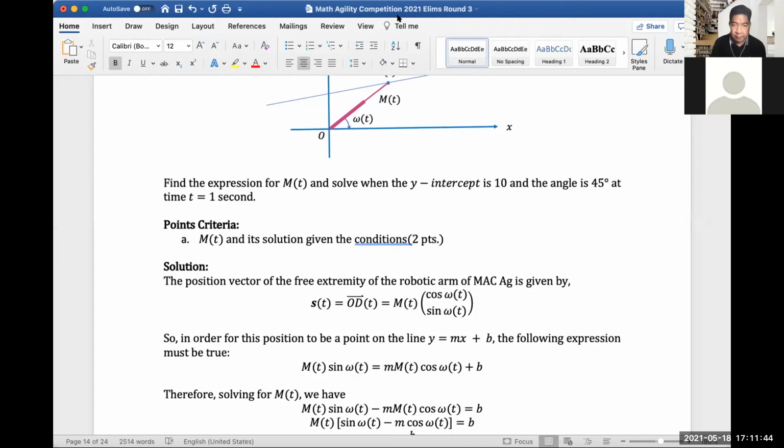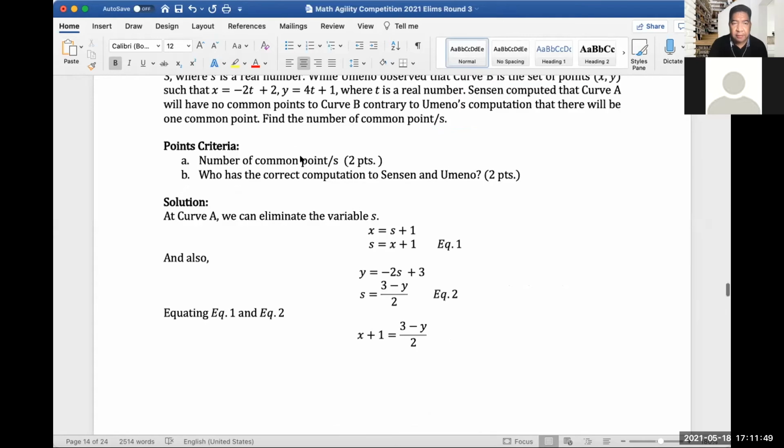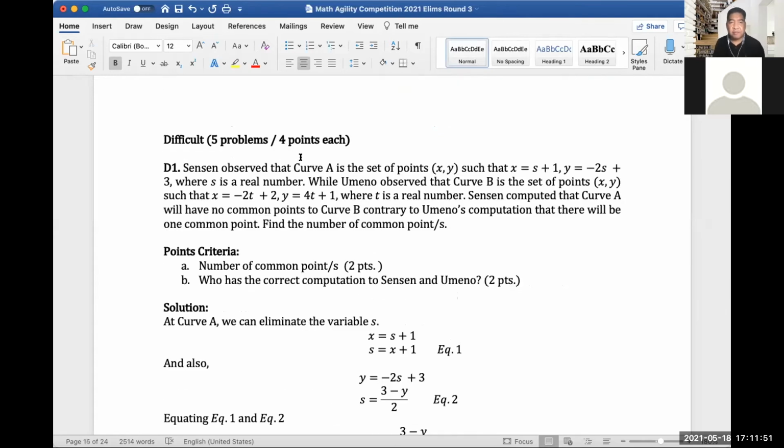Okay, so let's go to question D1, right? So again, there are 5 problems for the difficult question, but this time you will get 4 points each if you solve the problem. So the first question for the difficult would be this.